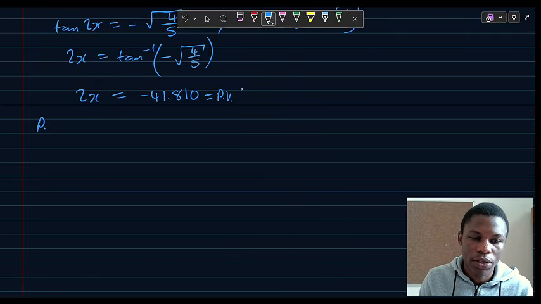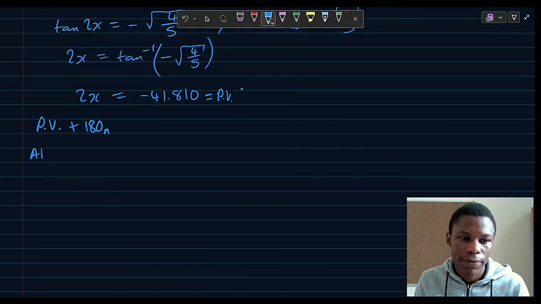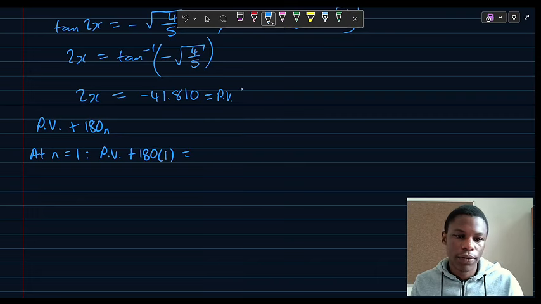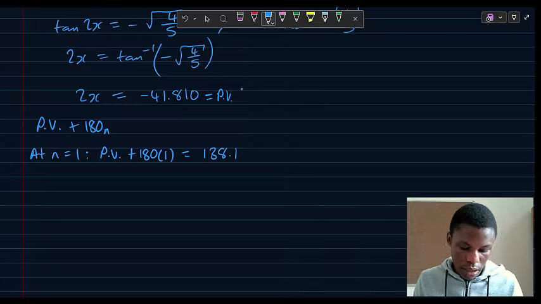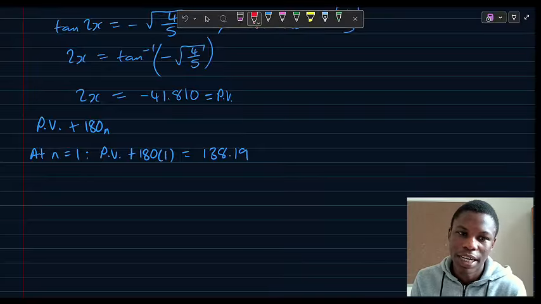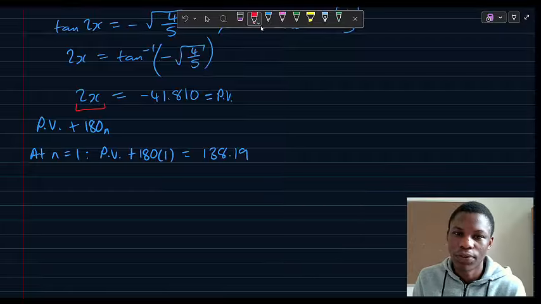To do that, we can use the formula PV plus 180n, and we evaluate this at n equal to 1. So that's our principal value, negative 41.81, plus 180 times 1, which gives 138.19. Keep in mind that because our principal value is in the form 2x, every solution from this calculation is of the form 2x.